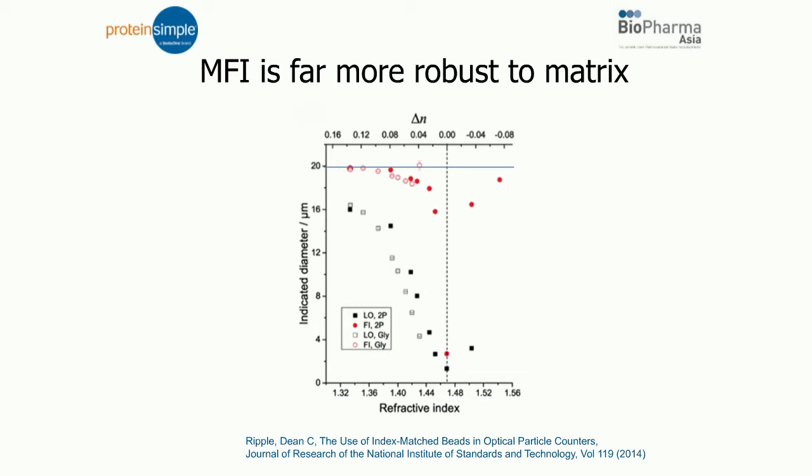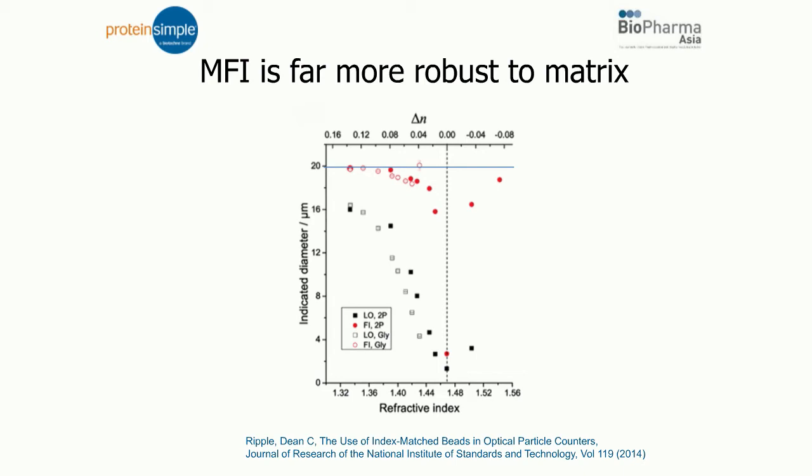And then as you move to the left and the refractive index begins to deviate between the beads and the matrix, now the particles become apparent to the two systems. And in the red series, you can see that immediately MFI begins to size the beads far more accurately than light obscuration does.